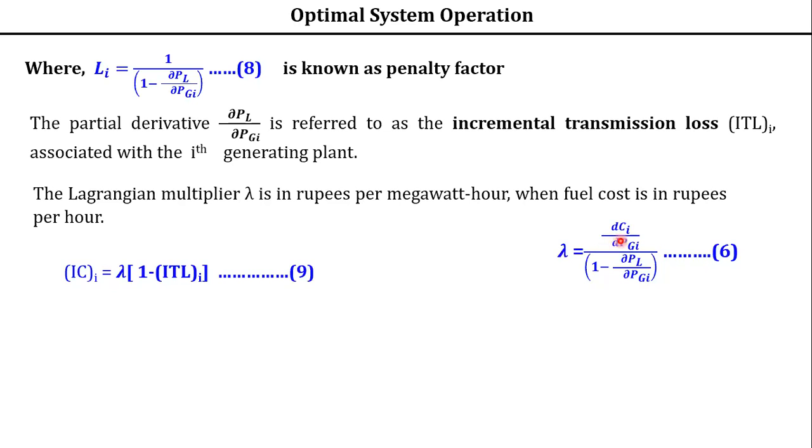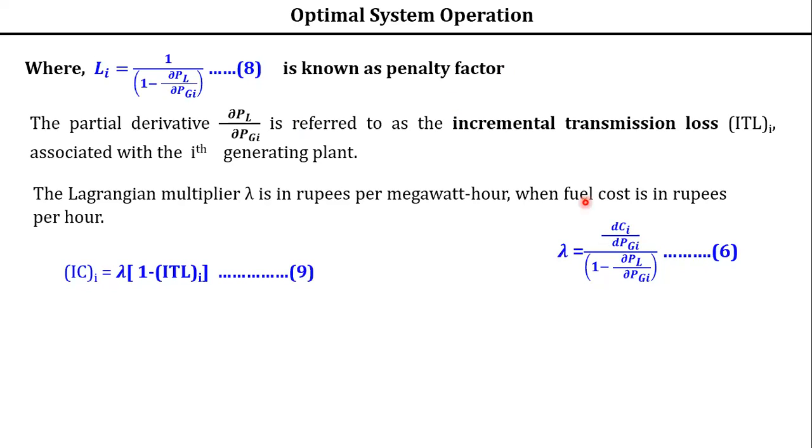dCi by dPGi. What is dCi by dPGi? It is nothing but incremental fuel cost. In case 1, incremental fuel cost is equal to lambda, but here it is not equal to lambda. It is multiplied by another factor. Is it clear?